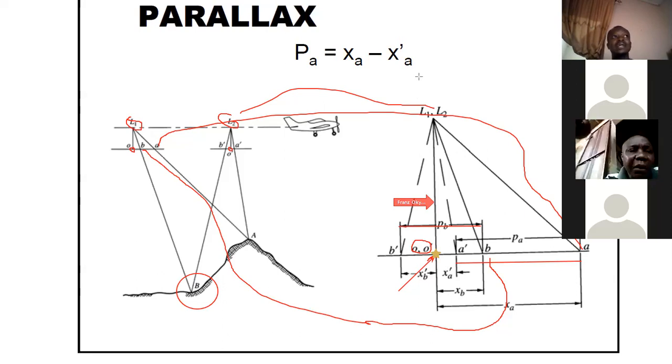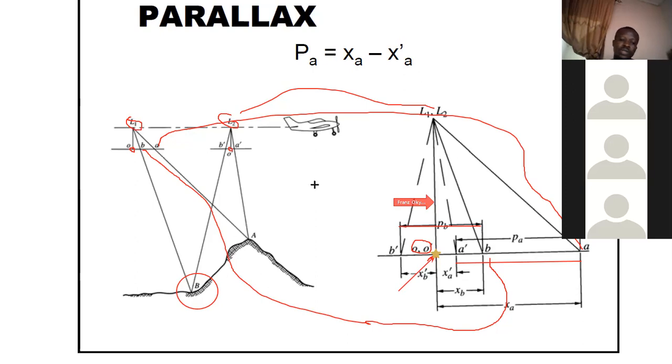The whole idea is to now derive formulas. So we're going to come to the parallax equations, which we want to see how they can benefit us. For example, the height. Remember we said parallax has everything to do with the elevation of a point, and that high points have large parallaxes compared to low points.